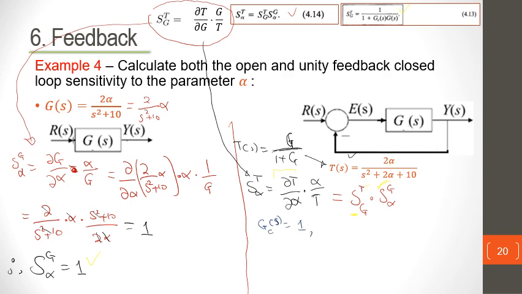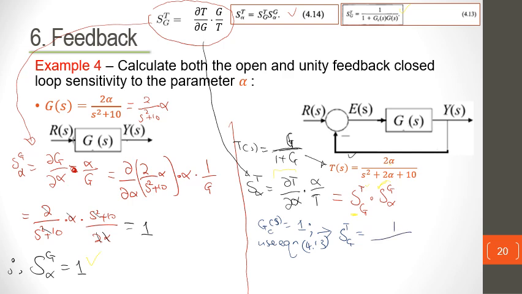So it means, therefore, that we can write the sensitivity of T with respect to G using equation 4.13.